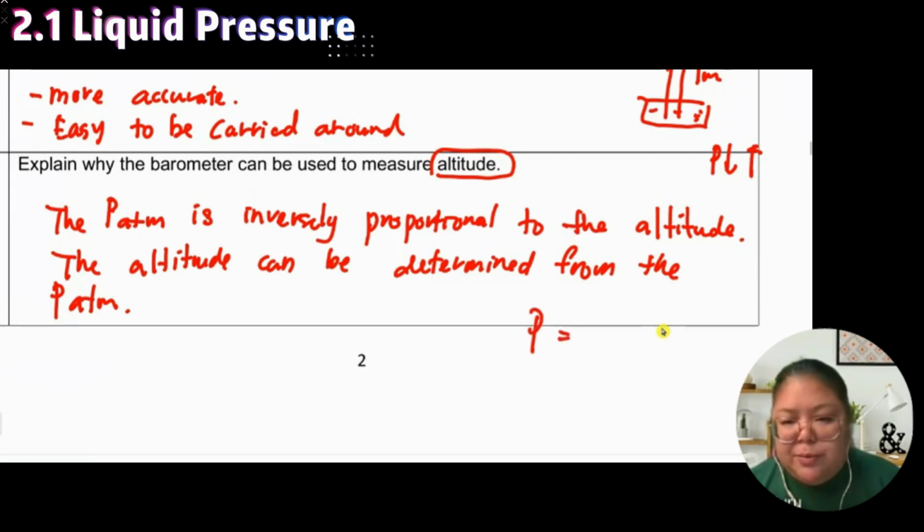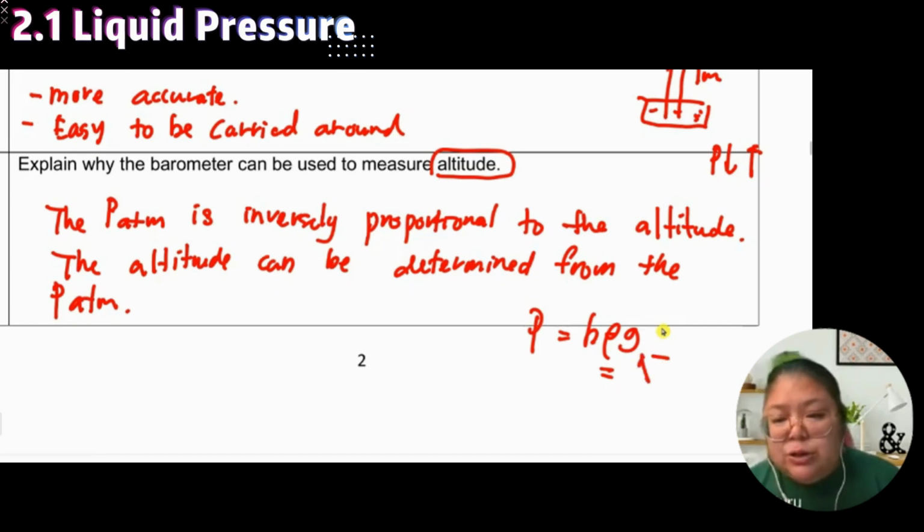Normally we use H-rho-G. Rho is definitely mercury, if you're using a barometer. And G we know. So if you know the pressure from the mercury, then you know what H is.